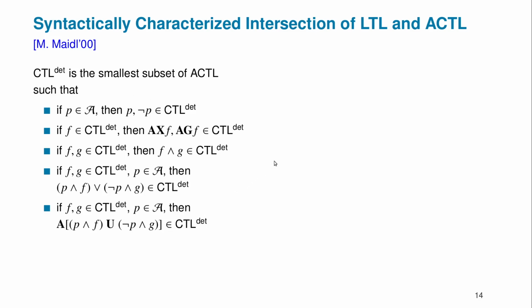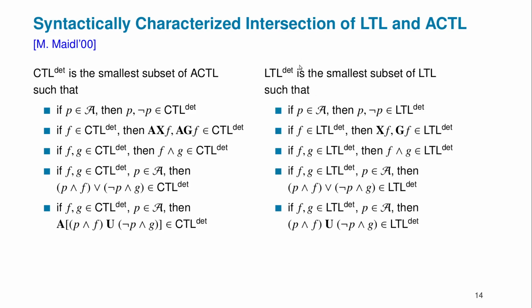And then we have a similar definition for LTL det. LTL det is the smallest subset of LTL, such that atoms are in LTL det, negated atoms are in LTL det. If F is an LTL det formula, then XF and GF are LTL det formulas. If F and G are in LTL det, then F and G is in LTL det.